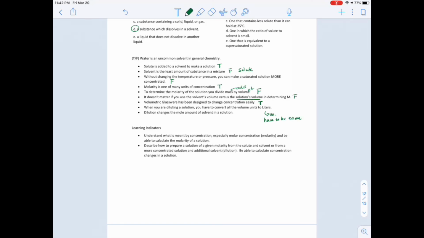So they both have to be liters or they both have to be milliliters or centimeters cubed, whatever you're using, they just have to be the same. And dilution changes the mole amount of solvent in a solution. That does increase, because this is just saying it changes the amount of water in a solution. So that's what you're doing. So that's true.